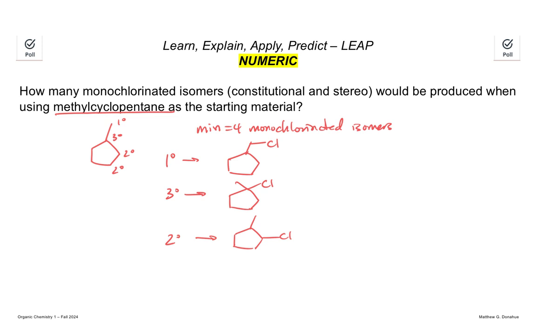So what about that one? How many stereocenters does it have? It ends up having 2. This is probably the easiest one to spot.